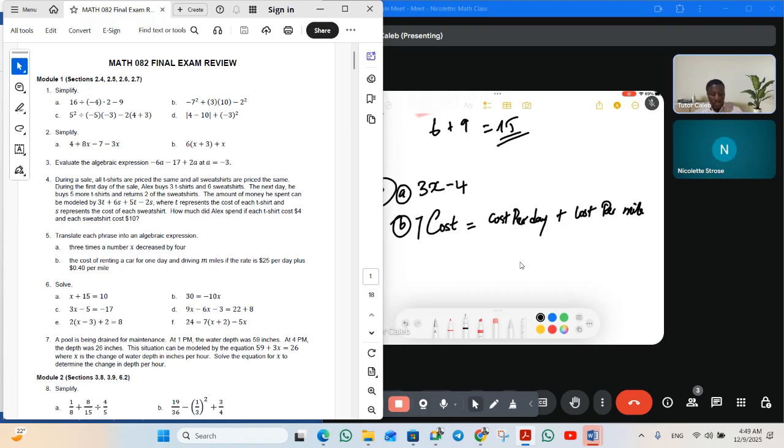So that means the cost of this car will be how much you pay in one day, which will be $25, because the person will be driving just for one day. So the person has to pay just $25 plus the number of miles, M miles, a certain number of miles we don't know, times the cost per mile. So it will be 0.4 times M. And this is your answer.